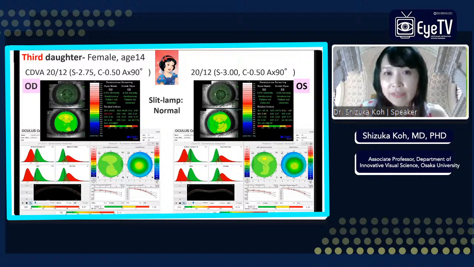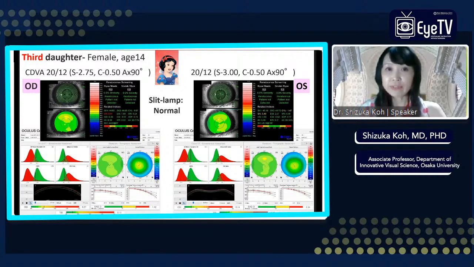Considering her familial background, high susceptibility for ectasia might be considered. Therefore, it is totally different from the first case, the 14-year-old boy. We cannot consider this girl just a with-the-rule astigmatism case.